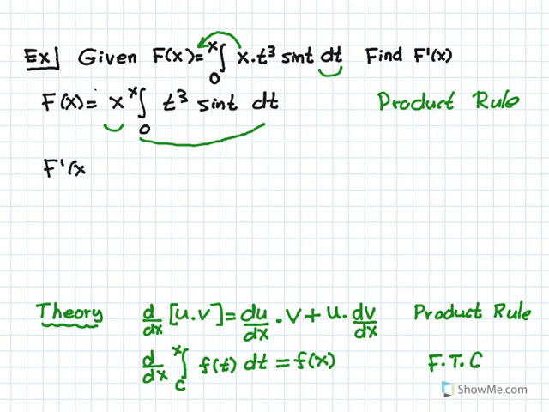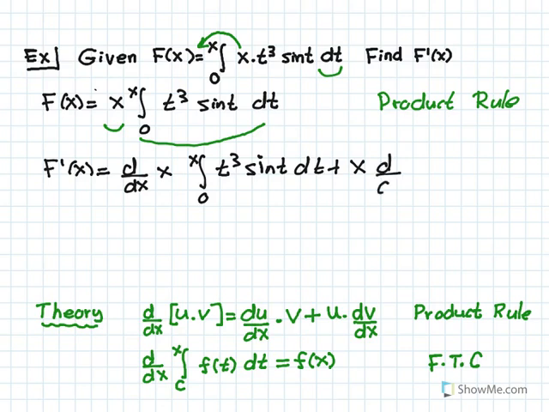All right, let's apply the product rule. F prime of x will be the derivative of x, d dx of x, times the integral from 0 to x, t cubed sine t dt, plus keep x the same and differentiate the integral expression, that's d dx of the integral from 0 to x, t cubed sine t dt.